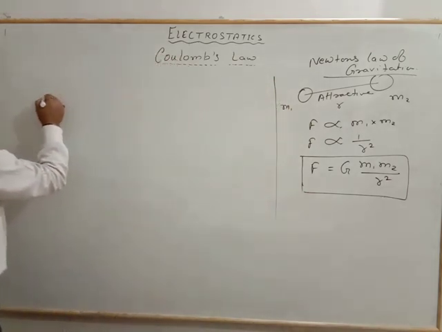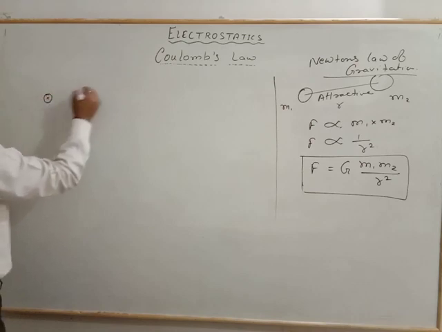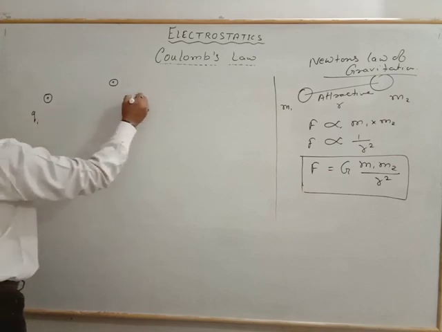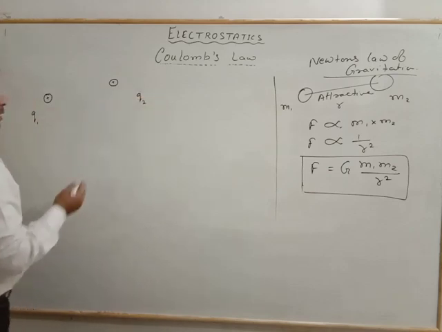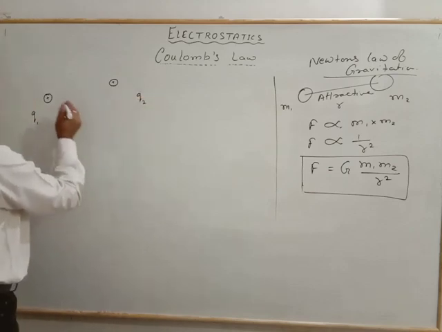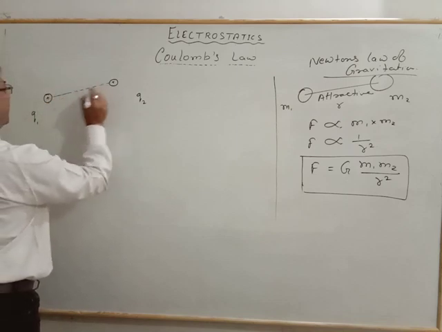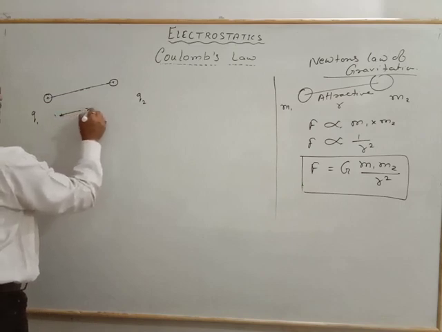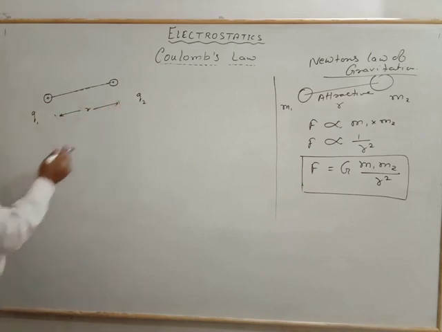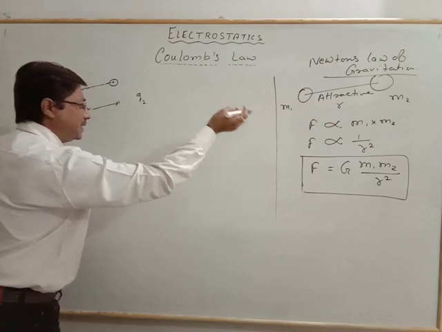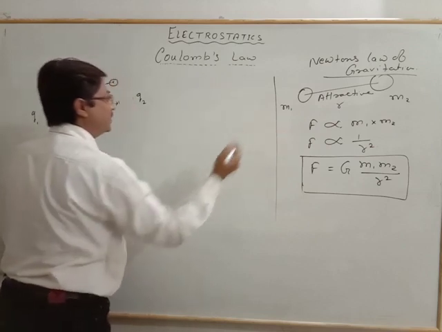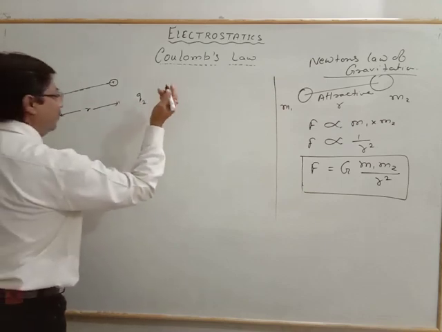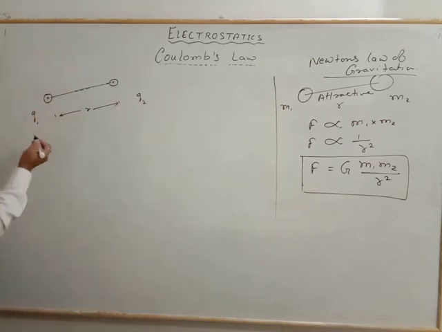Take two positive charges, Q1 and Q2, separated by a certain distance r. It is similar to Newton's law of gravitation, and from this we get the statement of Coulomb's law.